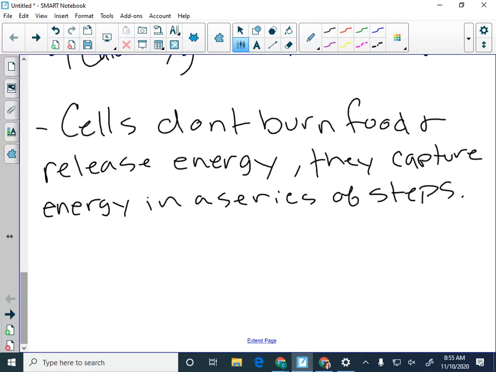We have control over the rate at which we break things down and utilize that energy. Those steps are called cellular respiration.